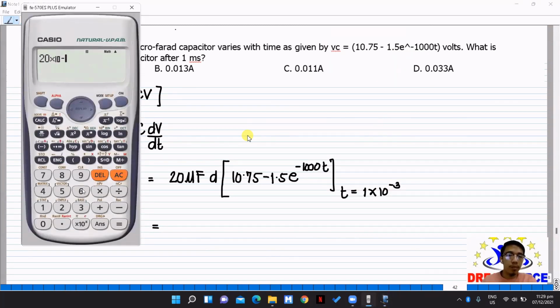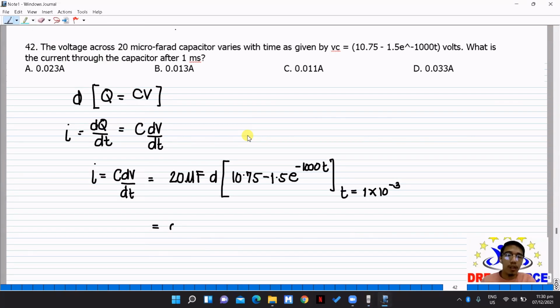We have 20 micro times the derivative of 10.75 minus 1.5 E raised to negative 1,000x. And x is equal to 1 times 10 raised to negative 3. So 0.011. That is in ampere. Ayan, so that is letter C.